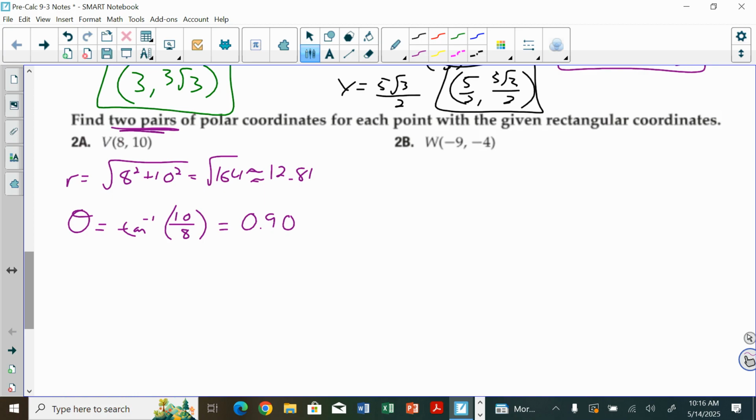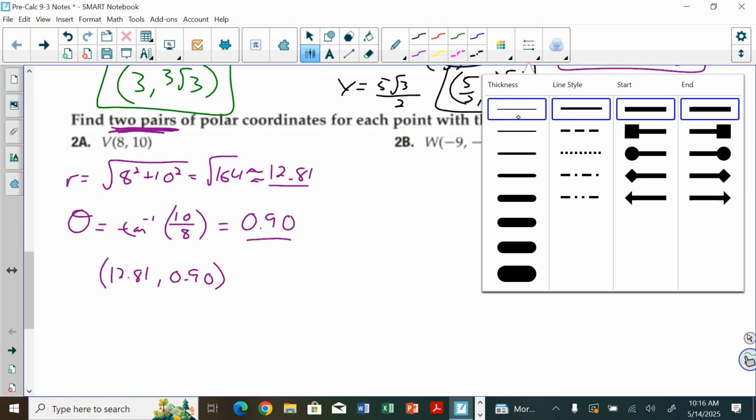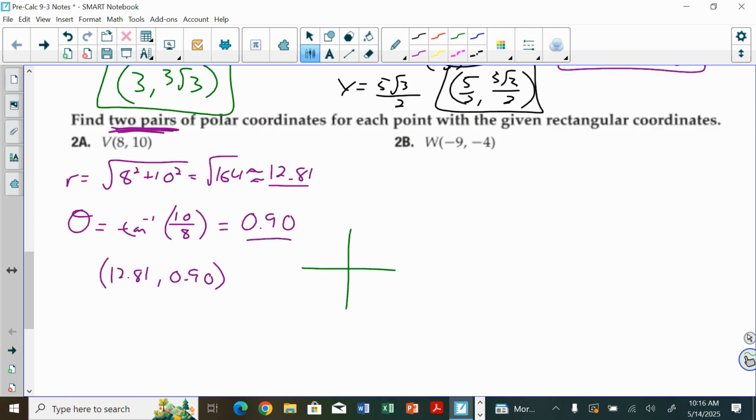Okay, so my first coordinate, since I got to need two pairs, right? So my first coordinate is 12.81 is my r. My theta is going to be 0.90. Okay, but remember, I want two pairs. So here's where, if you remember, just kind of showing over here, let's say I'm at 12.81, 0.9, right?